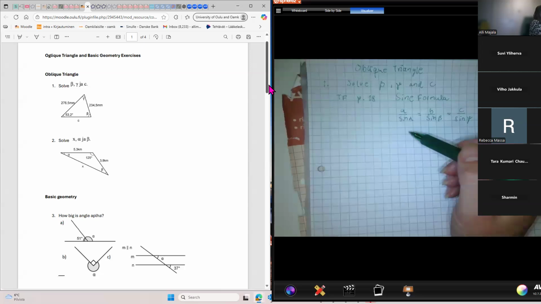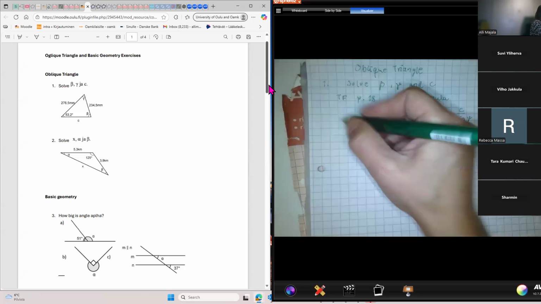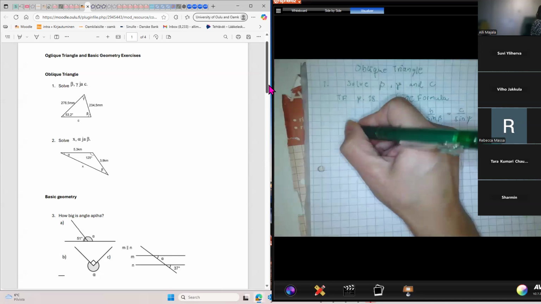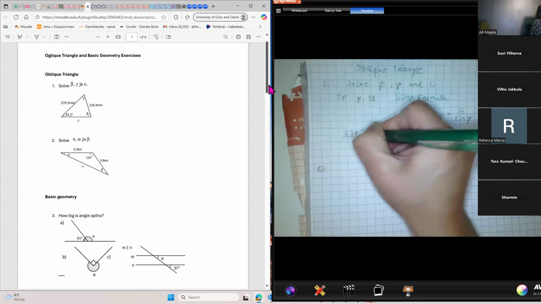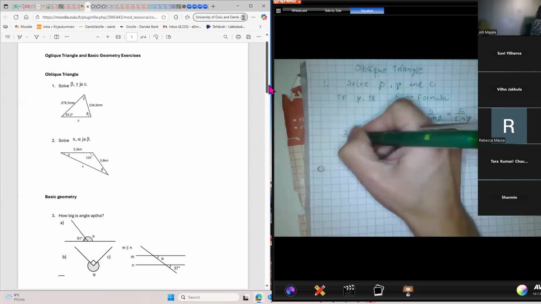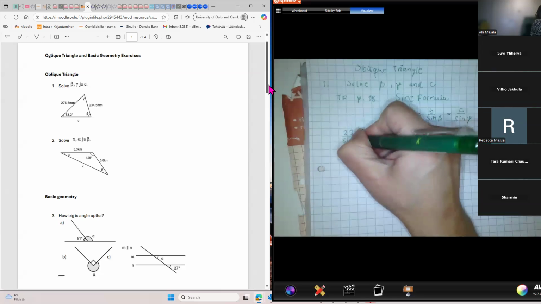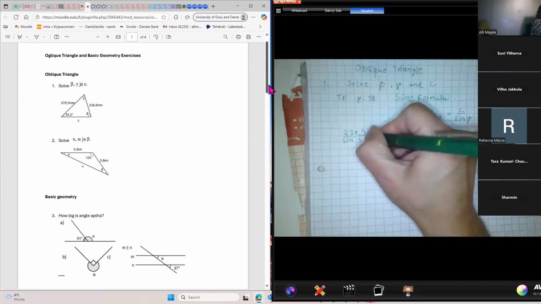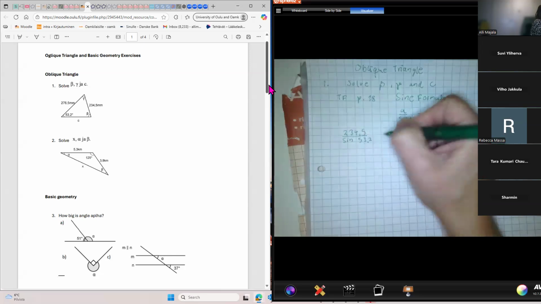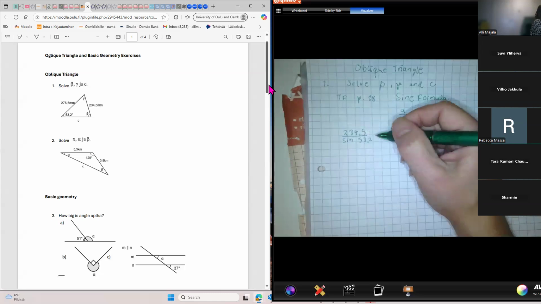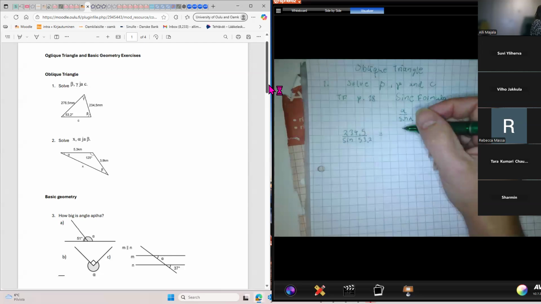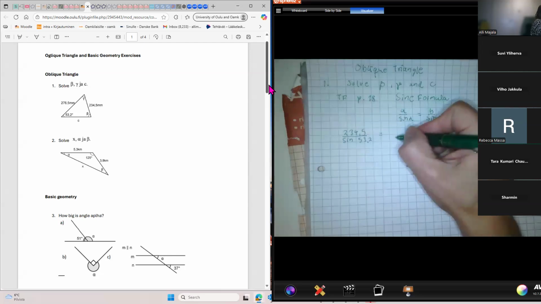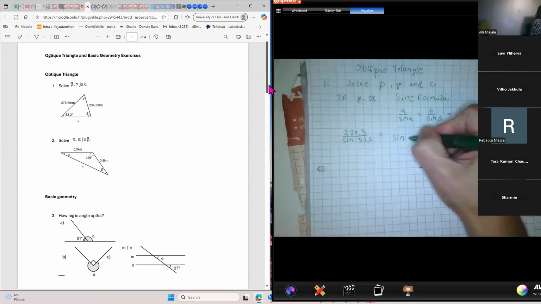So my side here would be the 234.5, and this is divided by sine 53.2. And this would be the sine beta, and I know also the opposite side here.